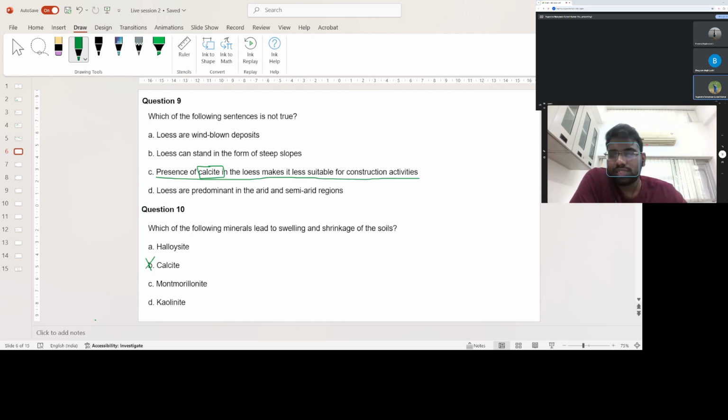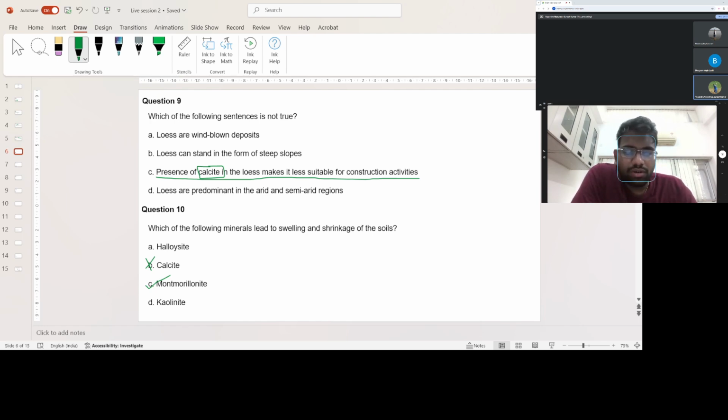The question is intended towards which mineral leading to swelling and shrinkage causes a predominant effect on the activities carried out by us.